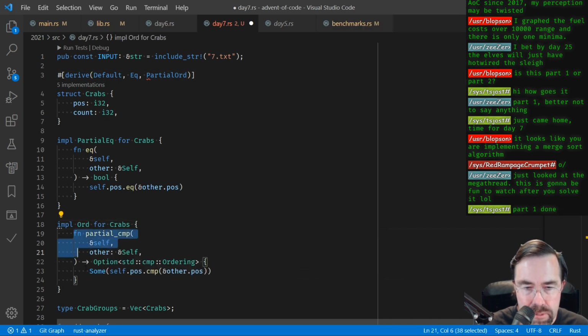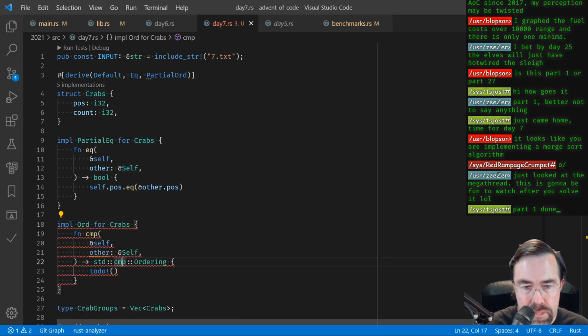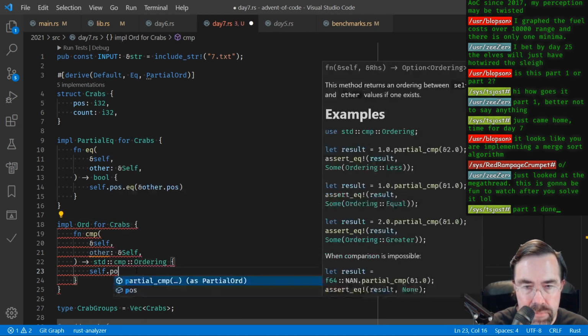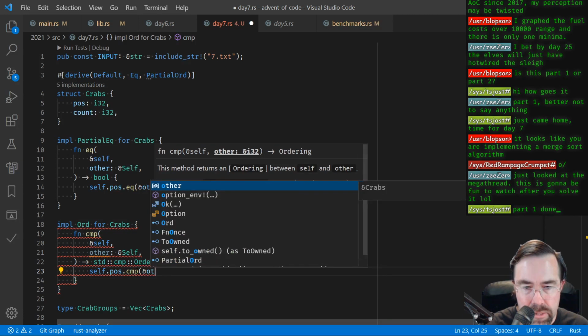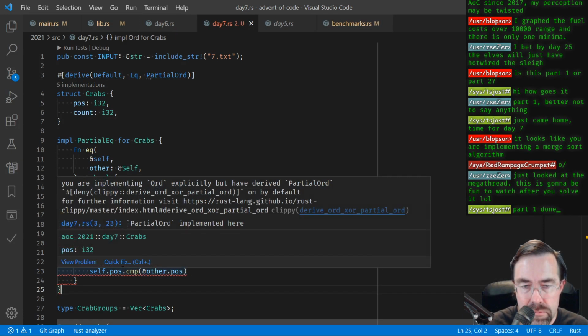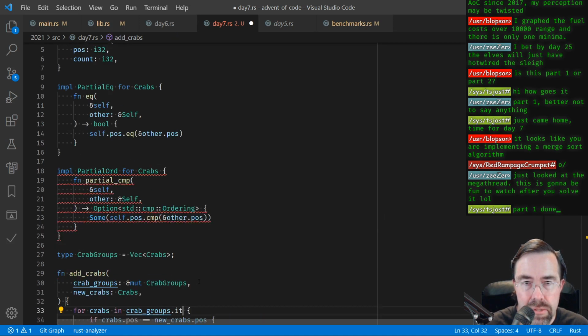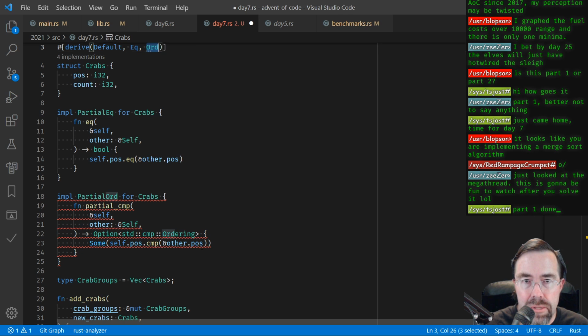Is that how it works? I forget how this works. Let's see. So this is just self.position.compare other position. Oh, I have to implement both of them? Okay, fine. Let's implement both of them then.